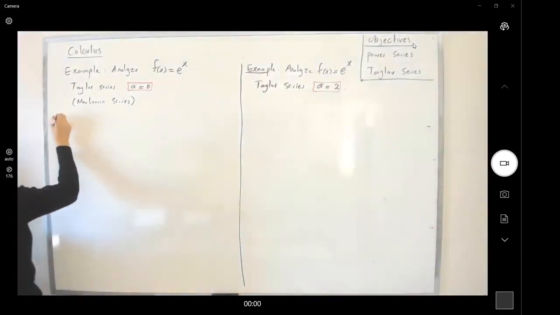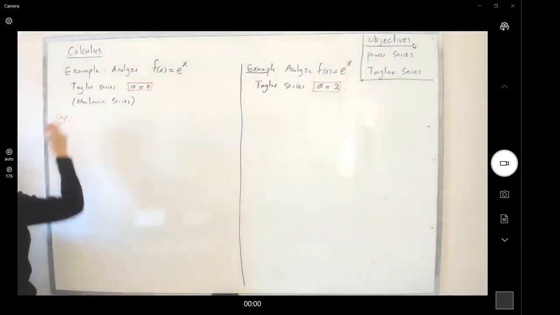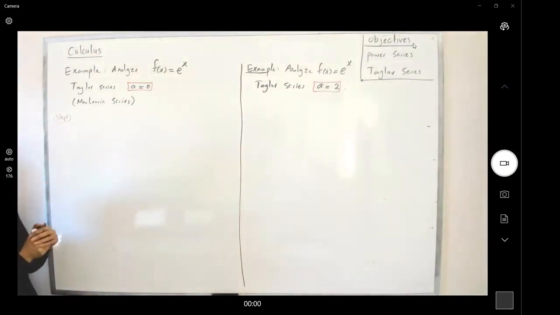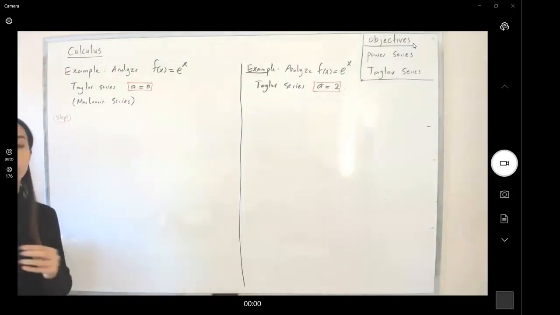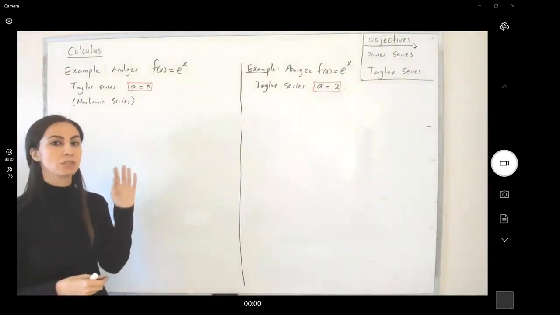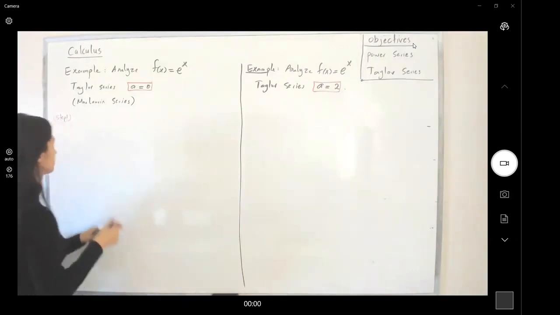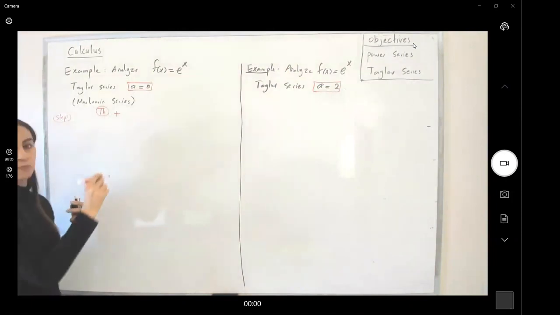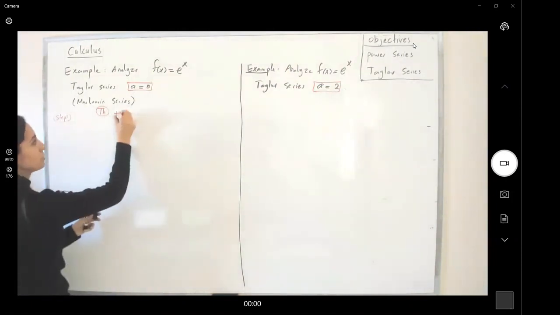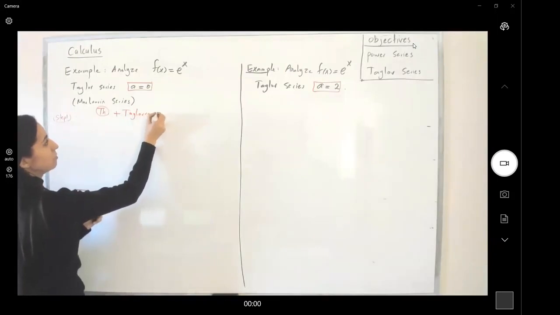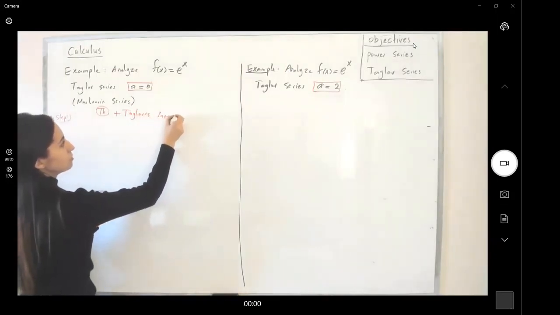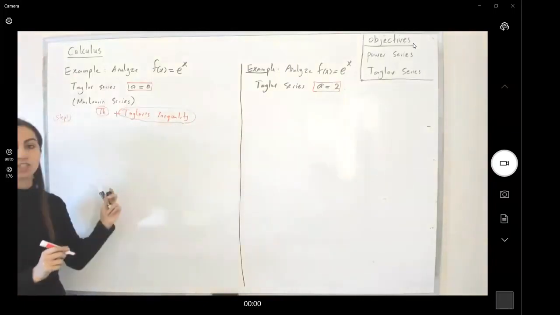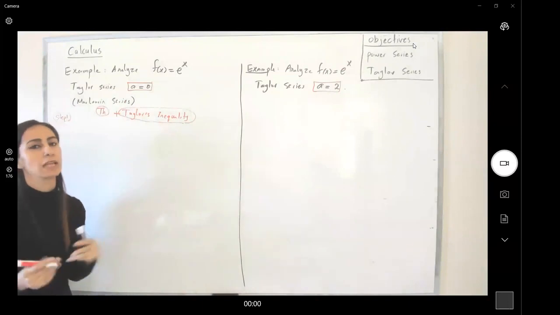Step 1. In this step, we're trying to write down the Taylor series. Remember that yesterday we talked about the theorem plus Taylor's inequality that showed us that we can write this function as the sum of its Taylor series.